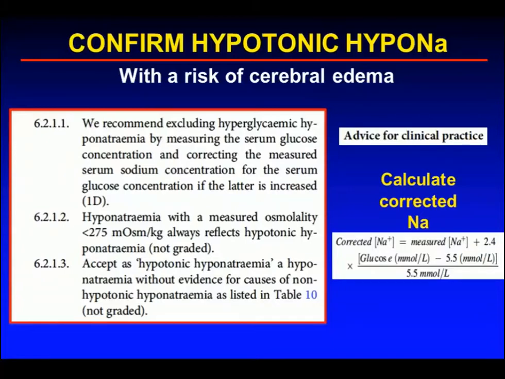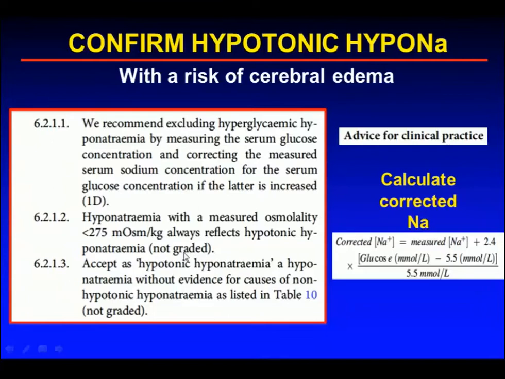And if you have hyperglycemia, you can calculate the corrected sodium with some formulas, which are very, very easy, because they are only based on the measurement of sodium and glucose concentration in the serum. And then, if you have the chance to have a rapid measurement of plasma osmolality, you can ask for it, and hyponatremia with a measured osmolarity lower than 275 milliosmol per kilogram always reflects hypotonic hyponatremia.